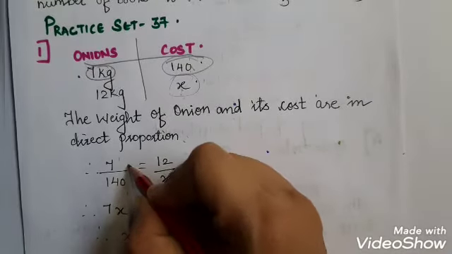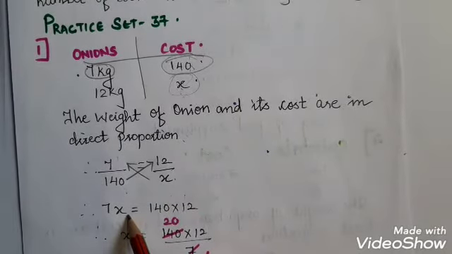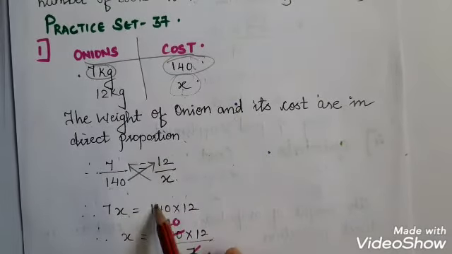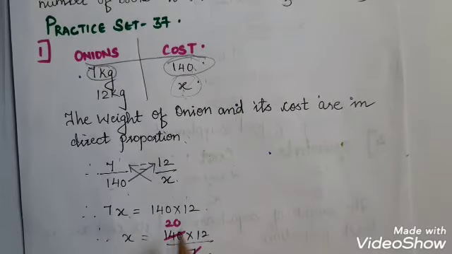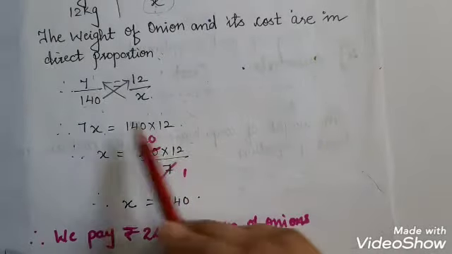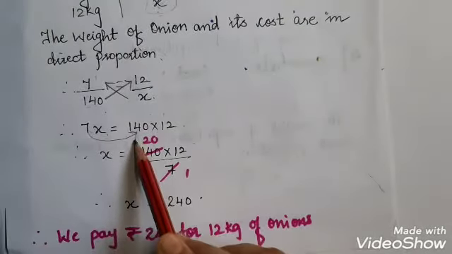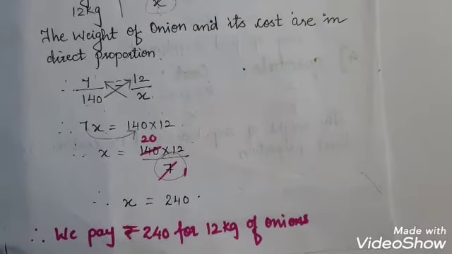Now you cross multiply. So 7 into x is 7x and this becomes 140 into 12. Therefore, x is equal to 140 into 12, this 7 when it comes here goes to the denominator. So that is upon 7.